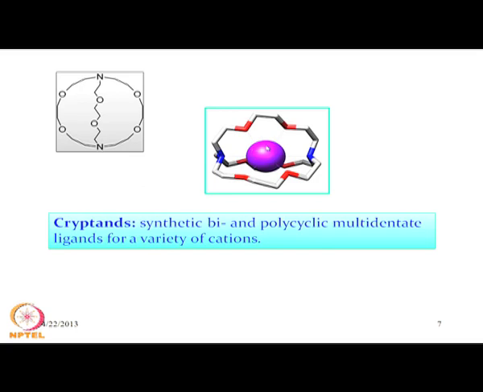So, you can see that in this structure, the coordination for this metal center is from 6 oxygens as well as 2 nitrogens. So, it is 8 coordinated. Bigger metal ions like lanthanides can be very nicely placed within the cryptand pocket. We can put potassium also. So, as a starting point, when we synthesize, the potassium salt of this can be made, which can be exchanged with the other lanthanide ions for coordination within this particular cryptand sphere.